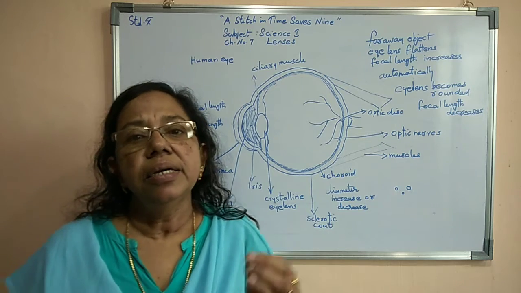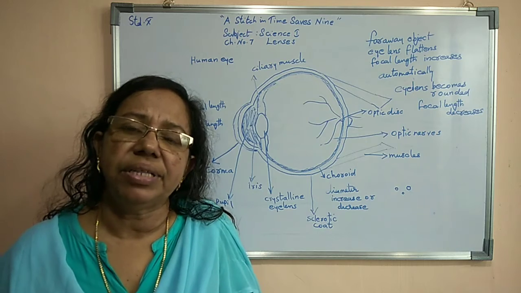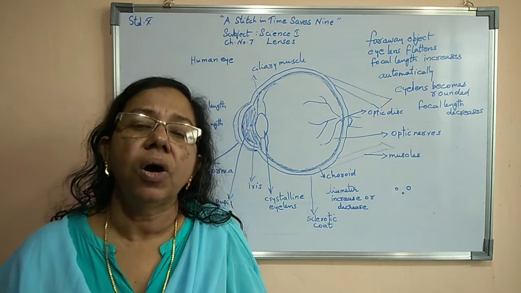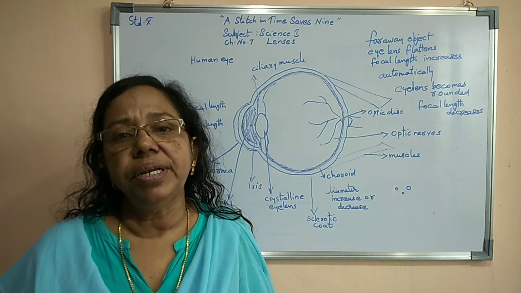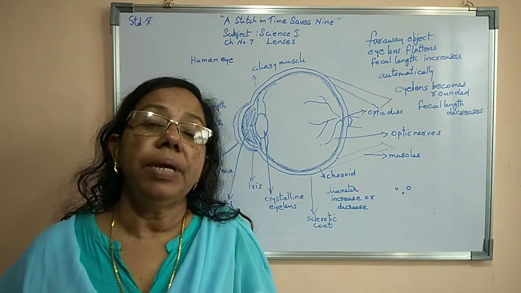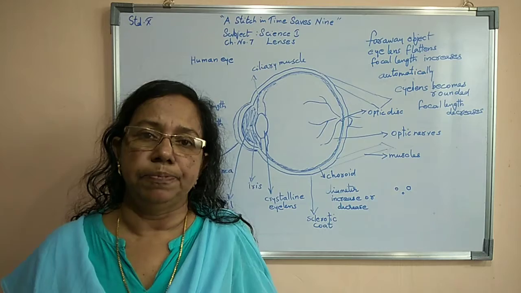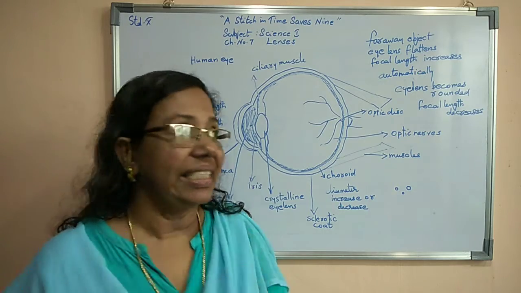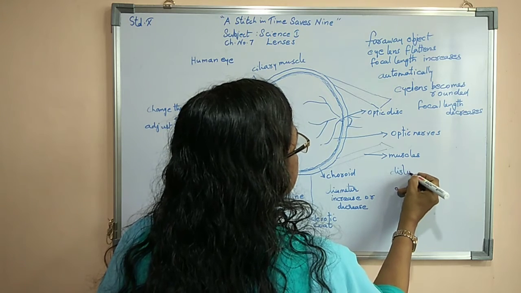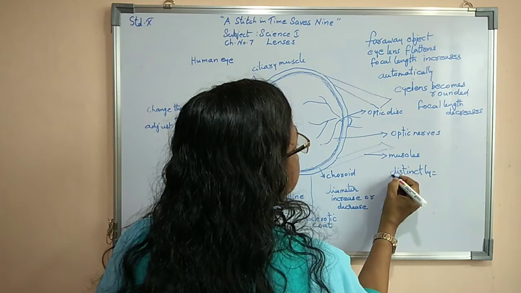So the eye lens has the capacity to change its focal length automatically. As a result, without any strain or stress, we are able to see the nearby object as well as the far away object clearly or distinctly. Distinctly means clearly.